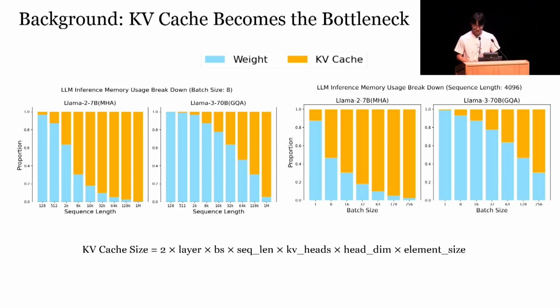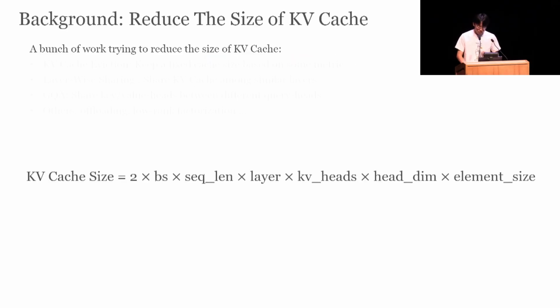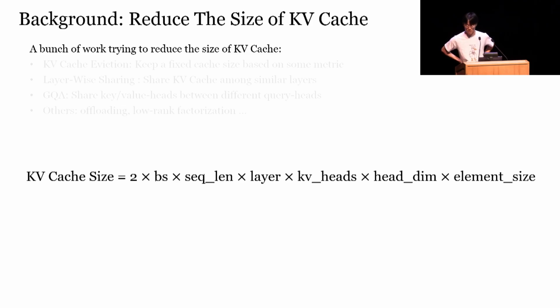And as the batch size increases, the memory footprint of the KV cache will gradually increase and exceed the model weight. The KV cache size can be simply calculated by the formula. So how to reduce the memory footprint of the KV cache becomes a key issue in LLM deployment.